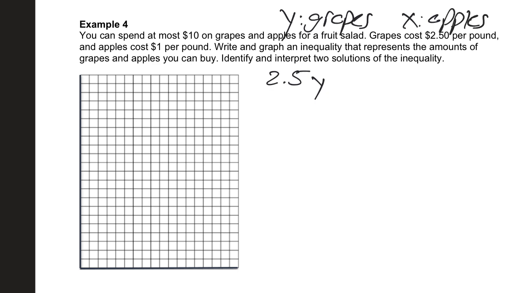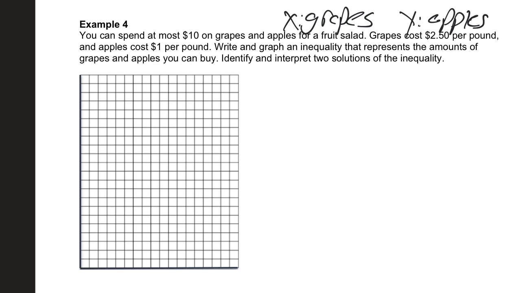So $2.50 times every grape plus $1 for every apple. That'll be my x. Actually, let's flip-flop that. I only say that because it'll be easier to solve for y then. So let's erase this. Since apples are $1 a pound, let's do y's for apples and let's do x's for grapes.